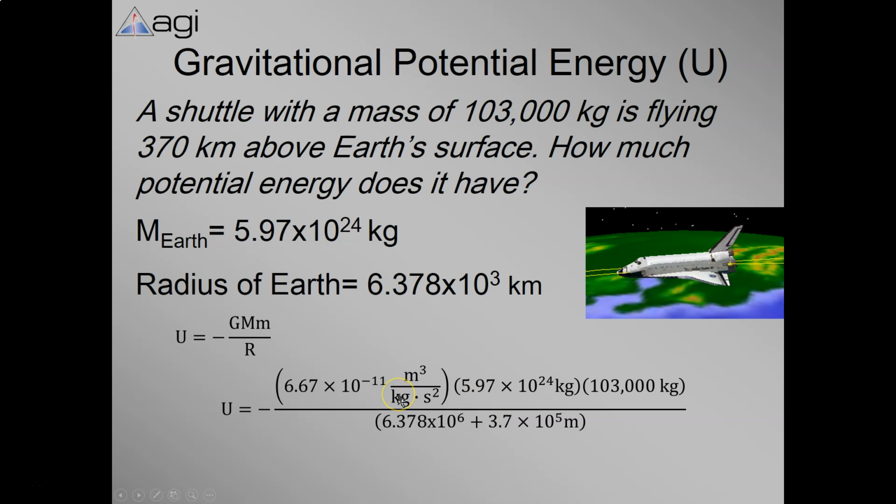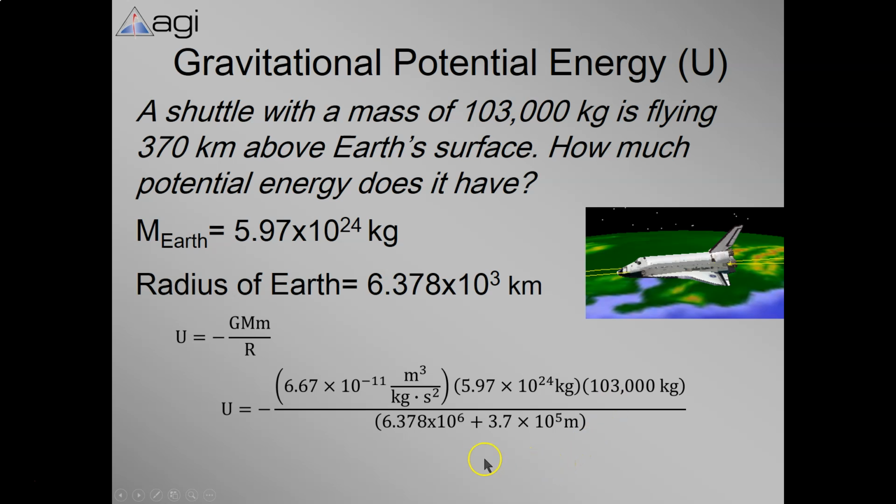We think of it as being constant. For all intents and purposes, it is. We know the mass of Earth, 5.97 times 10 to the 24th kilograms, and the mass of the space shuttle. In this case, we're talking about the orbiter, but we get it, and it's 103,000 kilograms. We divide this by the radius.